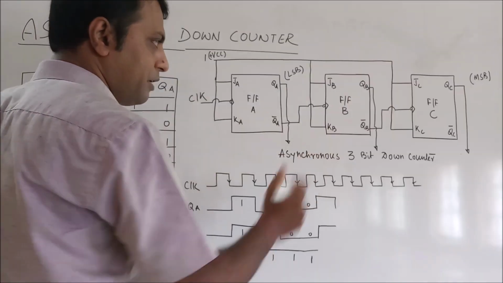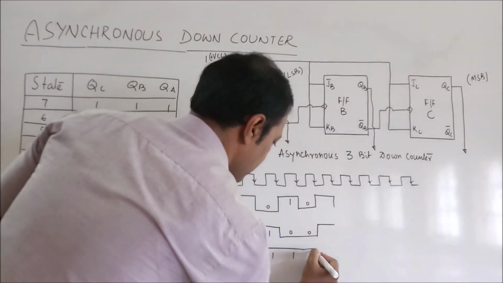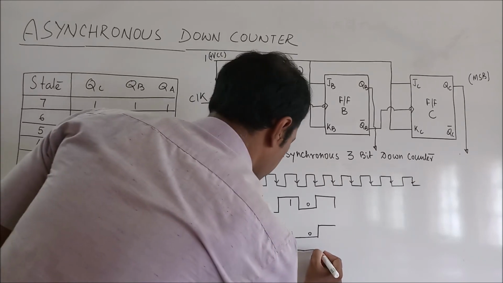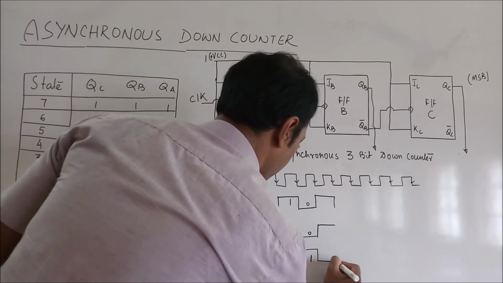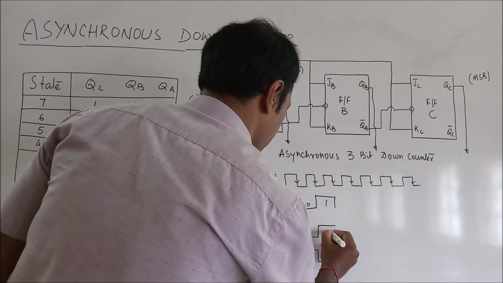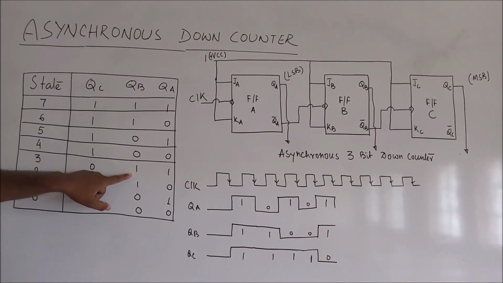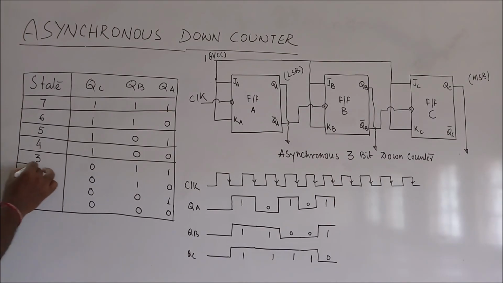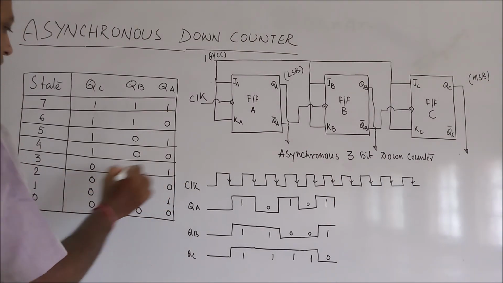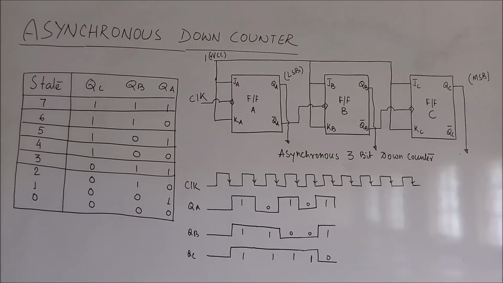QB bar is 0 means flip-flop C switches its output from 1 to 0. So here it is 1 1 0 in terms of state, meaning QC is 0, QB is 1 and QA is 1. So this part of the output matches. Now we move to the next part of the clock pulse.